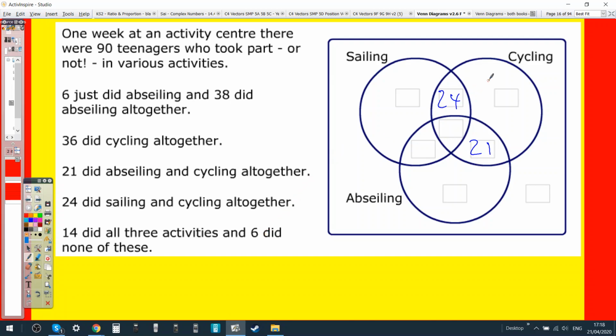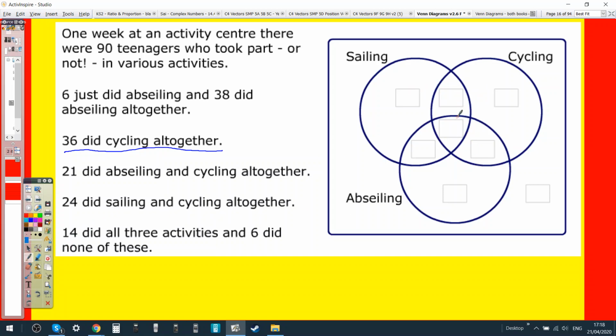Oh, hang on. So it says 36 did cycling altogether. What do these two add up to? And so the problem is we didn't start from the very center.